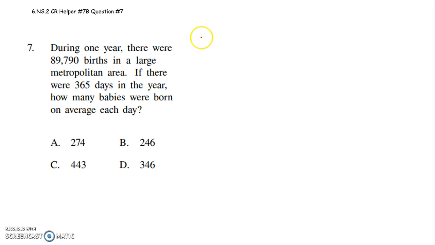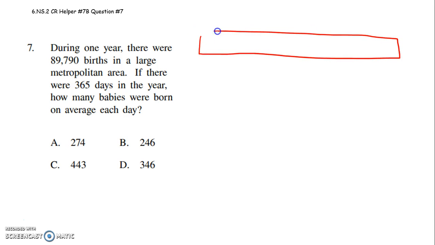All right, well, I'm not going to draw out 365 boxes. If I looked at a tape diagram, my total is 89,790 births. And it says if I took that and I knew that that happened over 365 days, I'd have to break this up into 365 boxes.